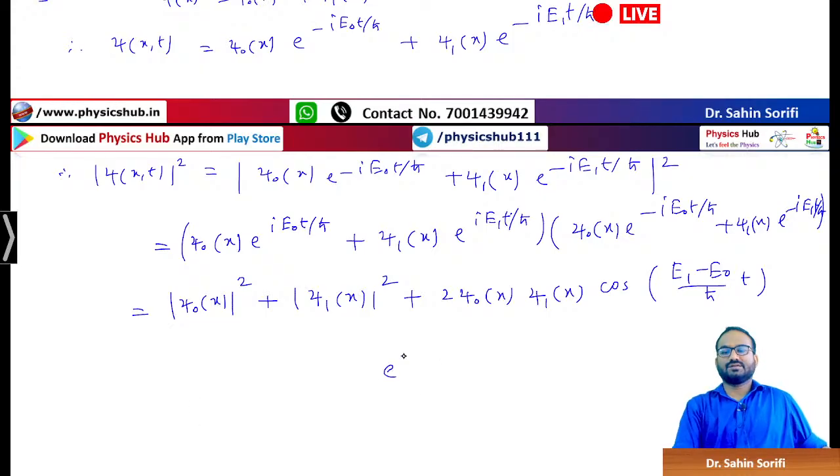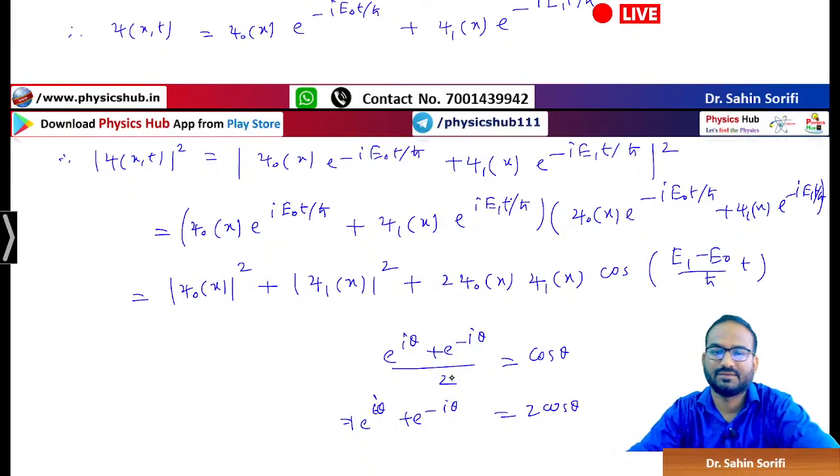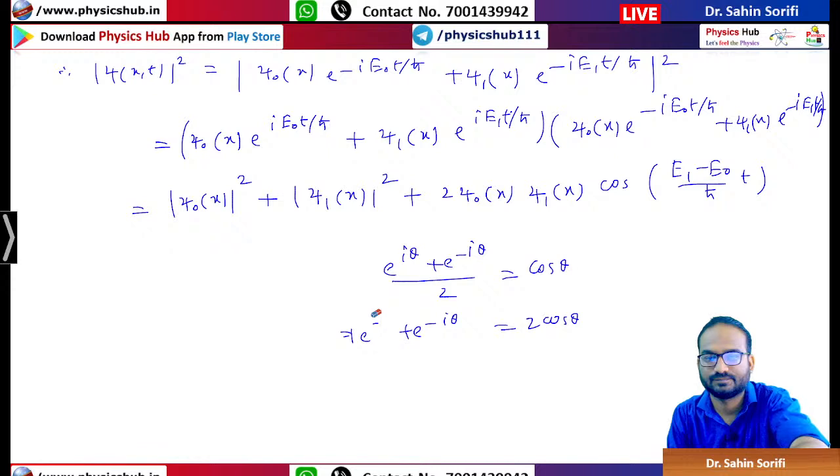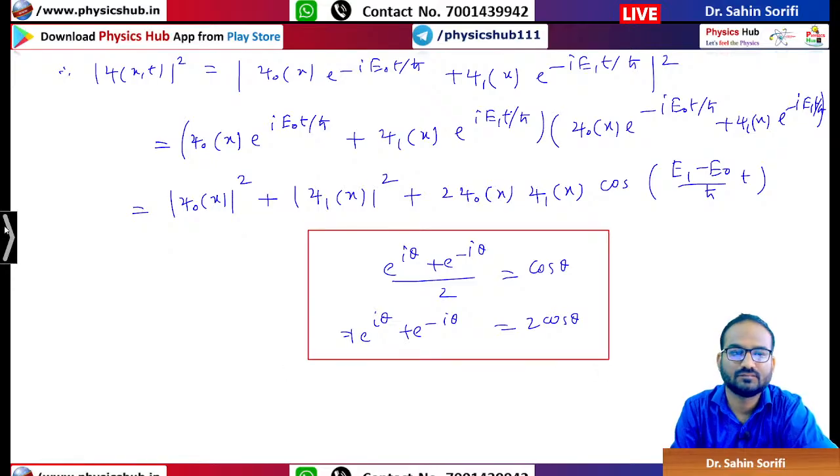Okay, because you know e to the power i theta plus e to the power minus i theta divided by 2 equals cos theta. So e to the power i theta plus e to the power minus i theta is 2 cos theta, and that is why we get this factor of 2. And this is matching with option A.